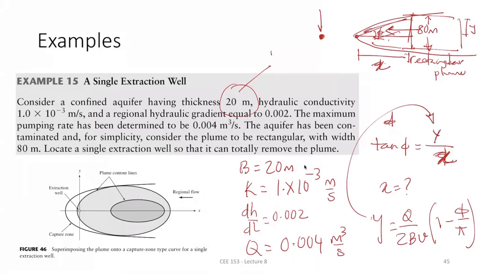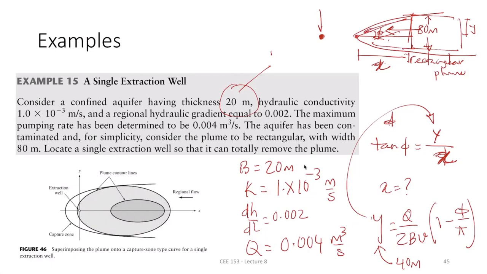If 80 is the width across, then this is 40. I'm going to write it here because you might be confused, so let me write it here. This is equal to 40 meters because the plume is 80 meters wide, and Q is given here, and B is here.